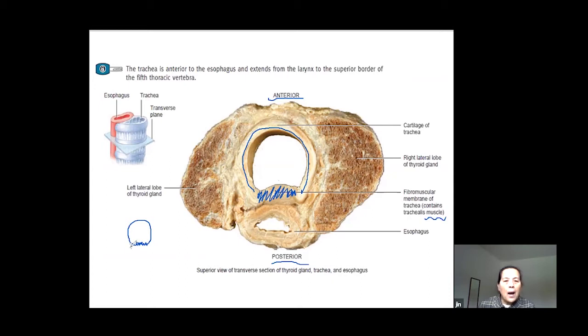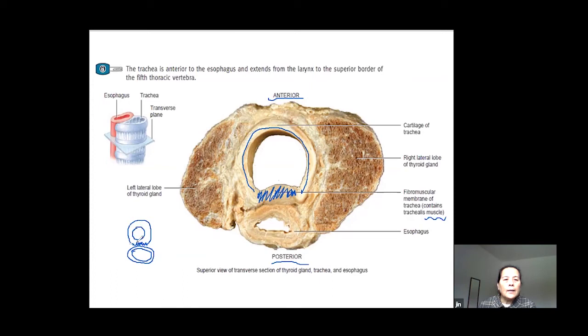And at the posterior part, we have another tube, the esophagus. The esophagus is a tube connecting the pharynx with the stomach. That's the food passing route. So that's the muscular part in there. When we respire, we hold the space inside the trachea.